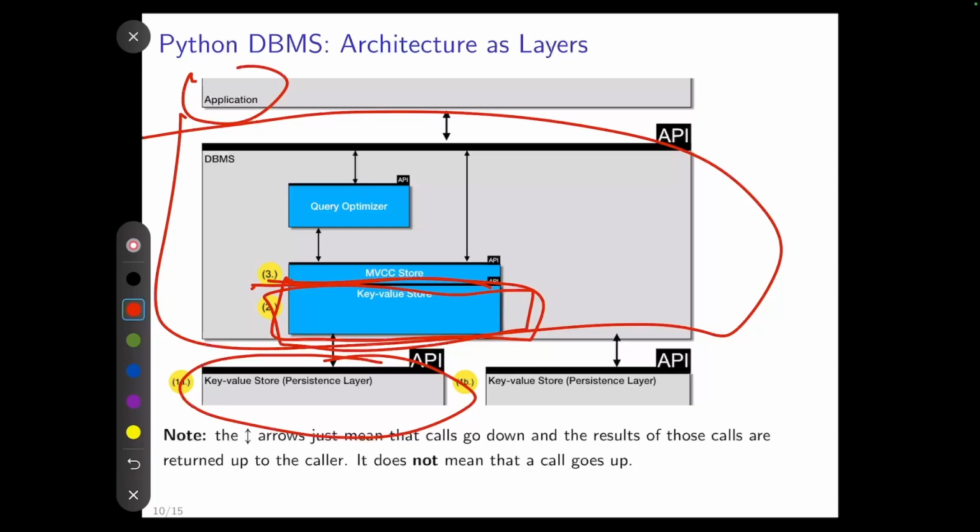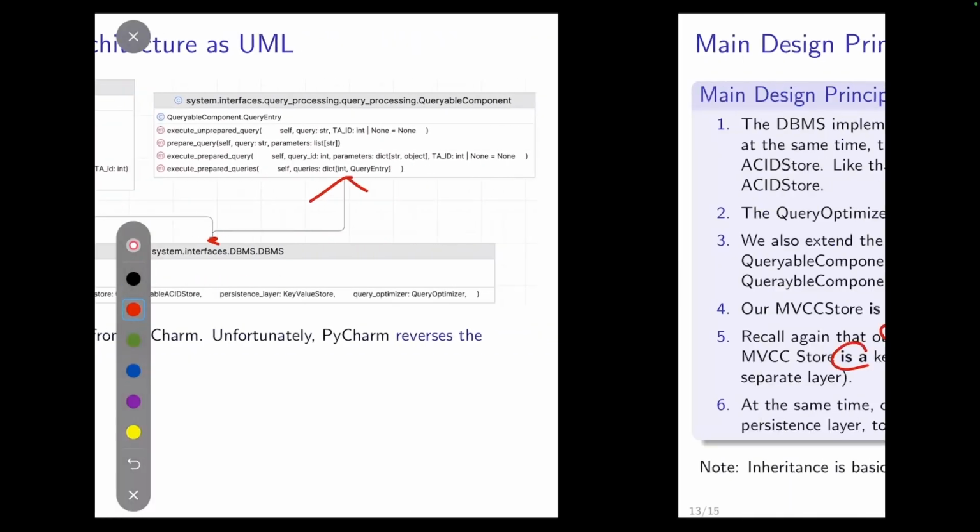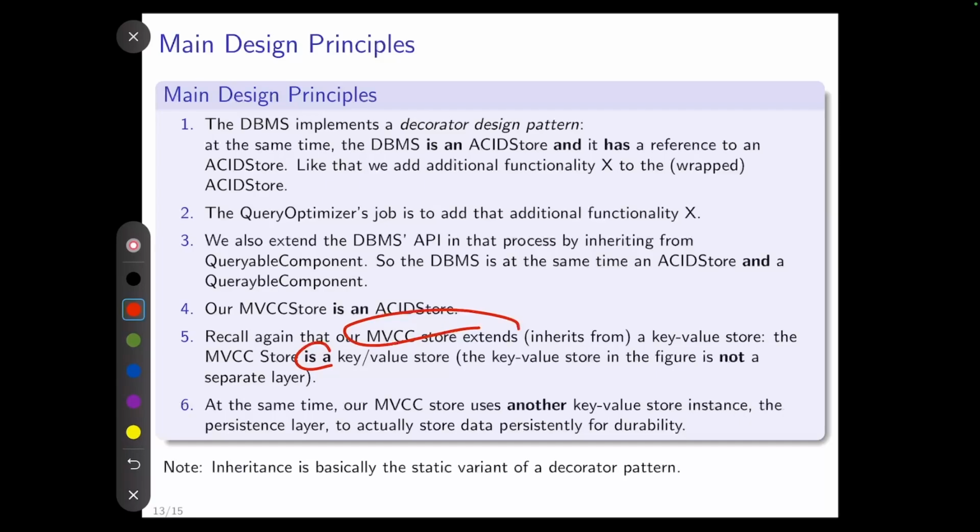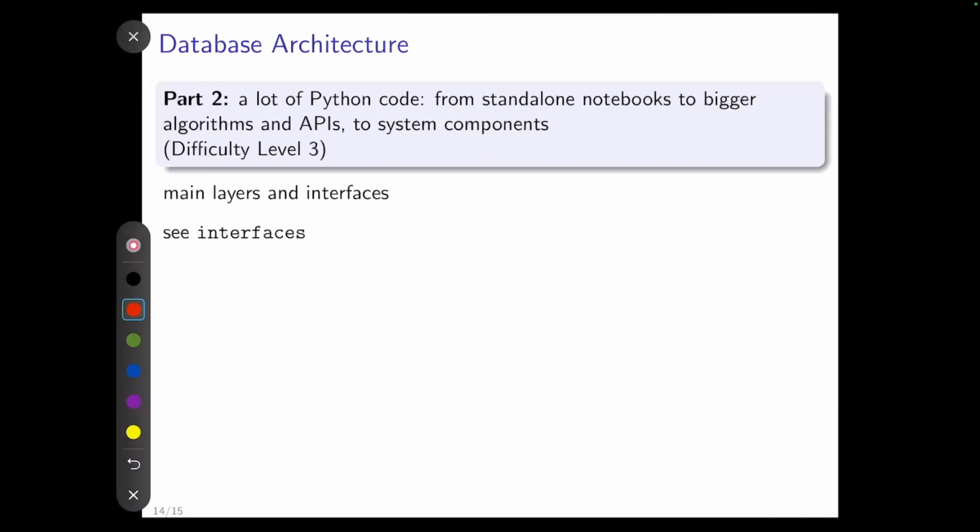Then it's okay, but in general you're not able to say that, and that is why you shouldn't be using inheritance here. Okay, that's important. And that's what I mentioned: we use other key value stores as persistence layer.